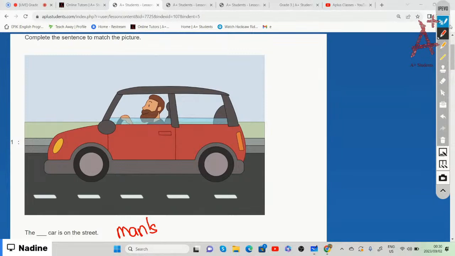Okay. All right. And now, annotator, just give me one second.